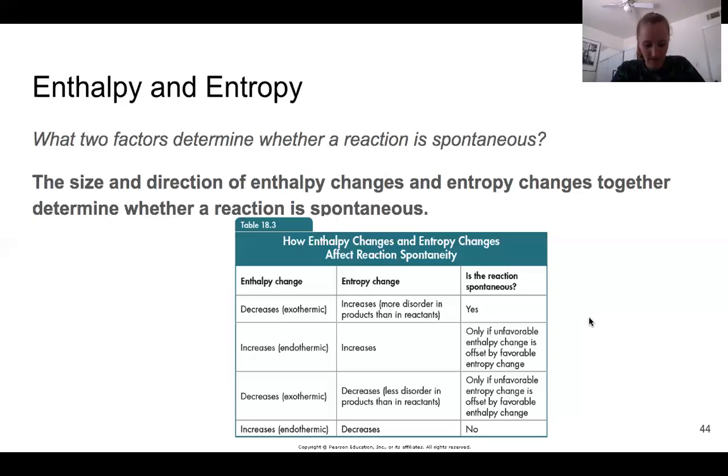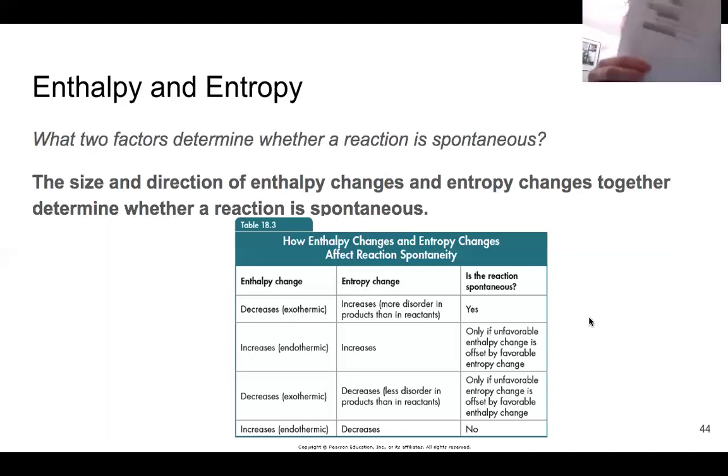In short, as we have talked about, enthalpy and entropy determine how spontaneous a reaction is. Those two working together are very important for determining how spontaneous or non-spontaneous a reaction will be. If both factors are unfavorable, the reaction is not spontaneous.